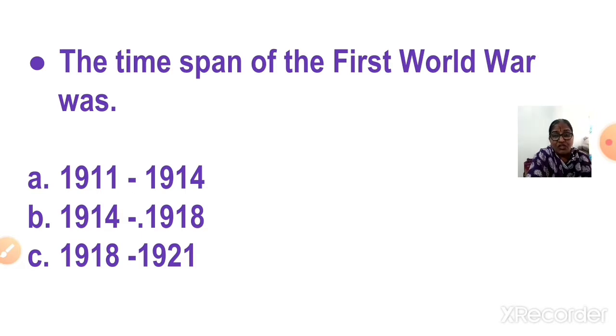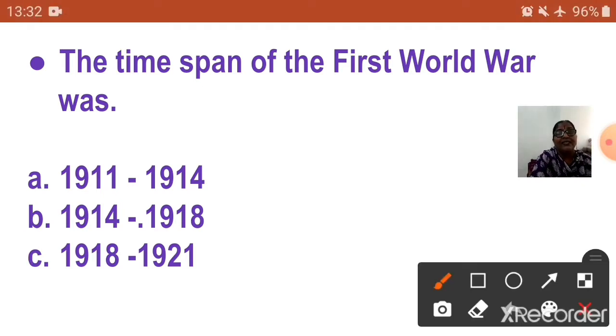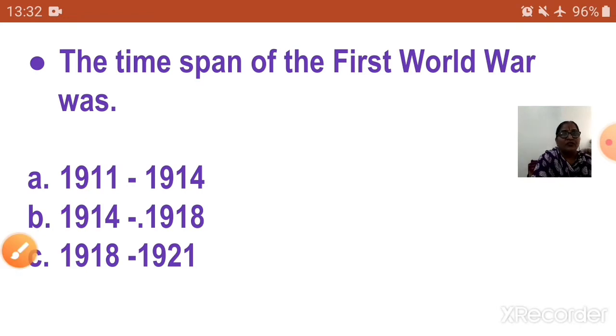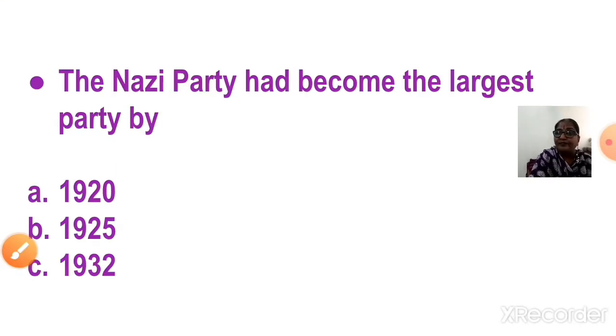But in which year did it begin? Yes, 1914. And it lasted for 4 years, that is 1918. So option B is the right option, from 1914 to 1918. Let's move on to our next one.